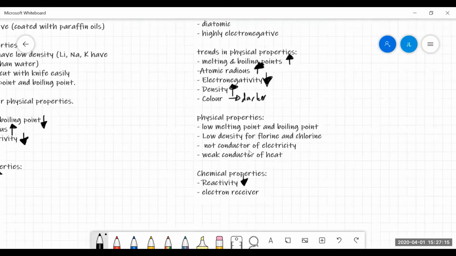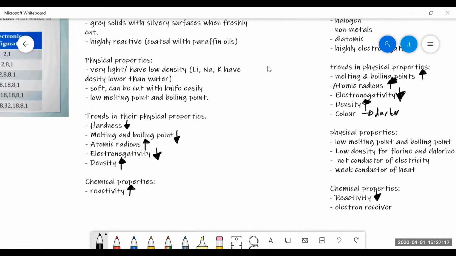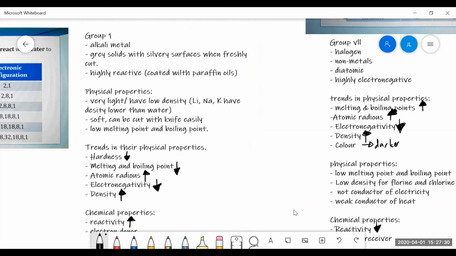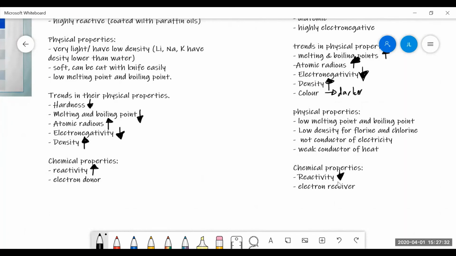It is completely different if you compare with group 1. See, group 1 chemical properties, the reactivity increases. But for this one, it decreases. So I have explained to you why the reactivity for group 1 increases down the period.